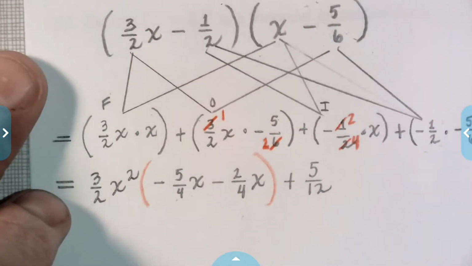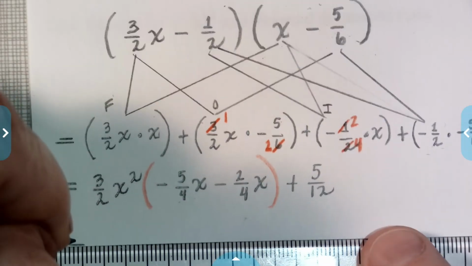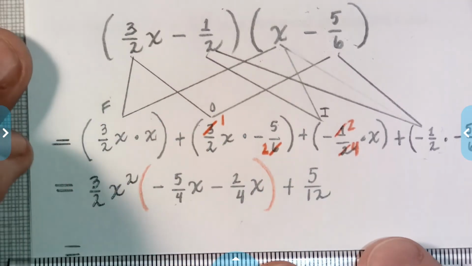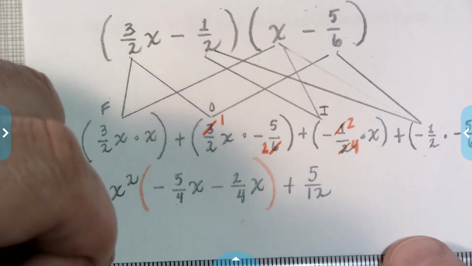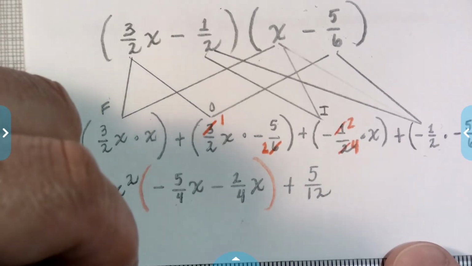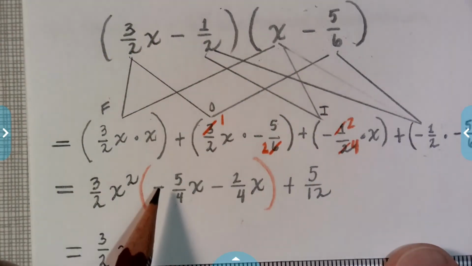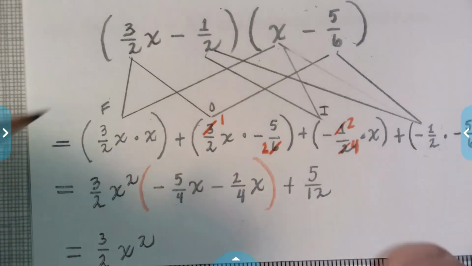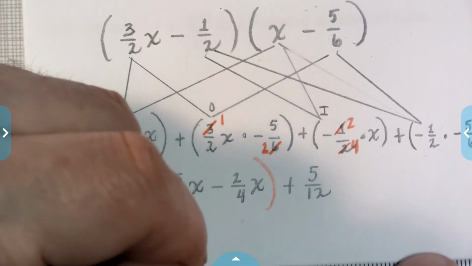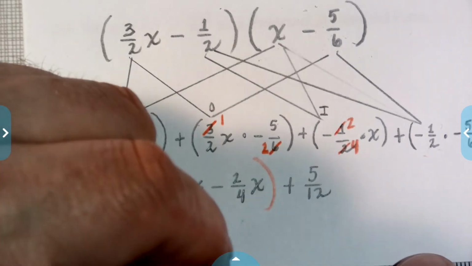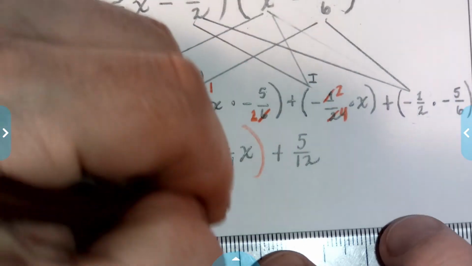Okay. Now we'll simplify in the middle. We have 3/2x squared. That didn't change. And then here we have negative 5 minus 2. So I have negative 7/4 x, plus 5/12.